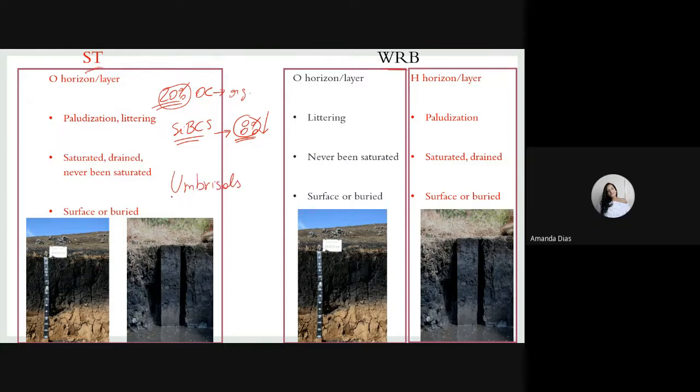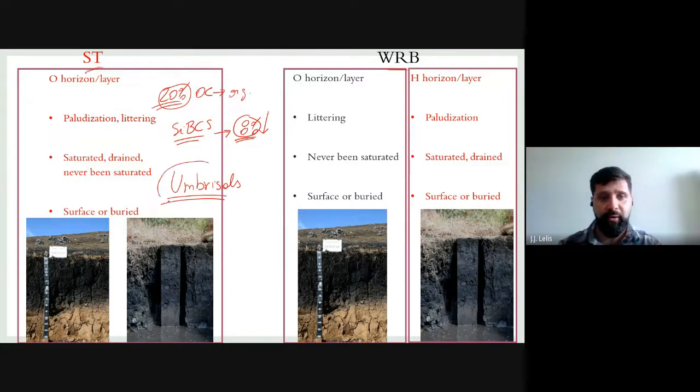These are soils that have a lot of organic matter. They have an umbric horizon with a low pH, a high content of organic carbon, and a low cation exchange capacity.